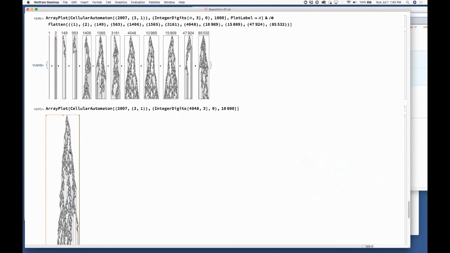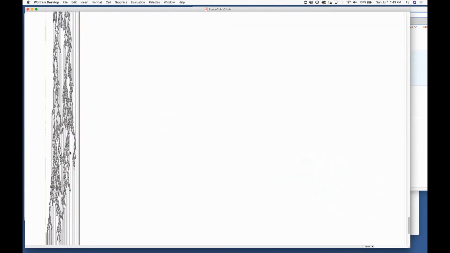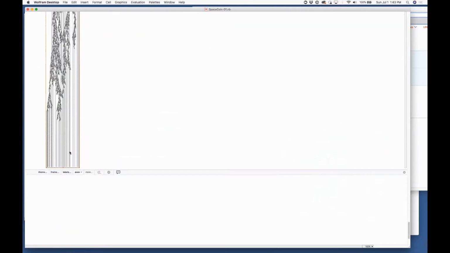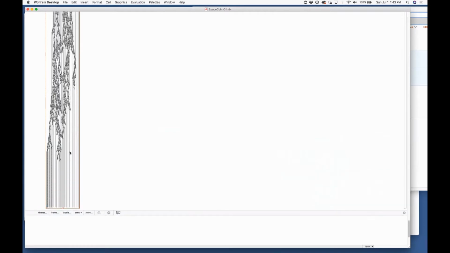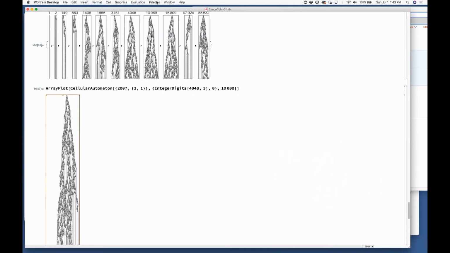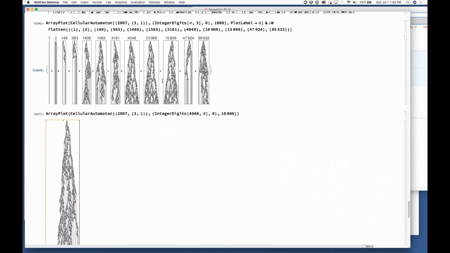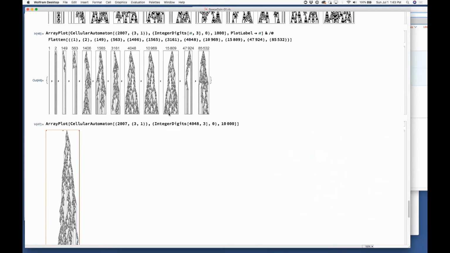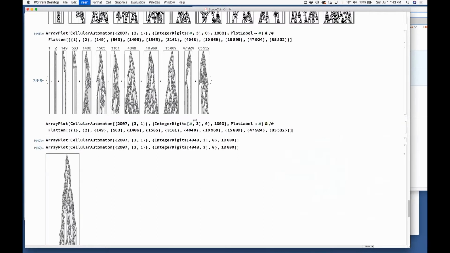That is, what's it going to do? Can we find an initial condition which will continue to flap around forever, or will they always die out? We could just try some of these other ones for 10,000 steps. Let's just try each of these for 10,000 steps, and then we'll find out what happens here.